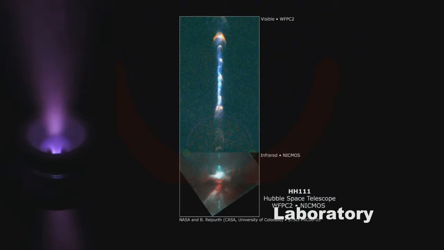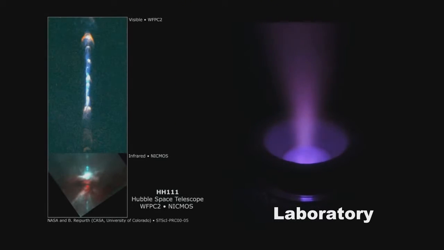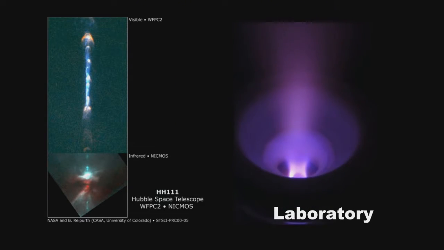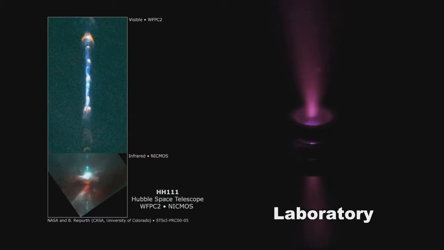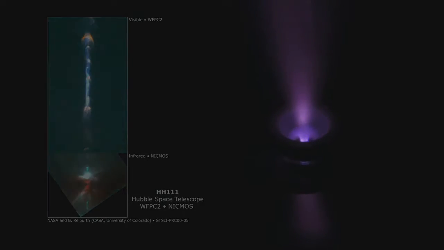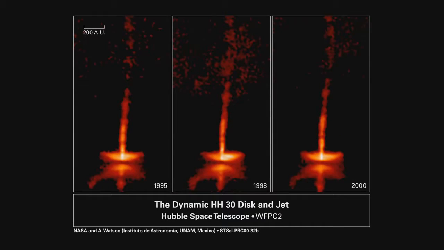By comparing the jet of HH111 with a jet that is externally electrically driven in the vacuum chamber, we see that they have dramatically different structures. HH30 is another example of bowl-shaped magnetic fields with the ejection jets in line with the axis of HH30.